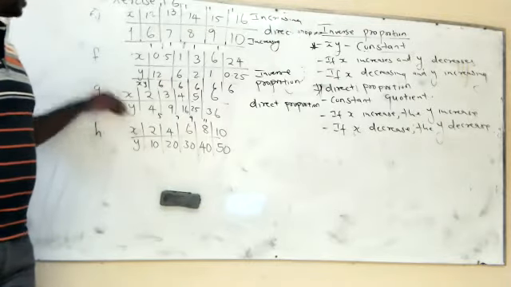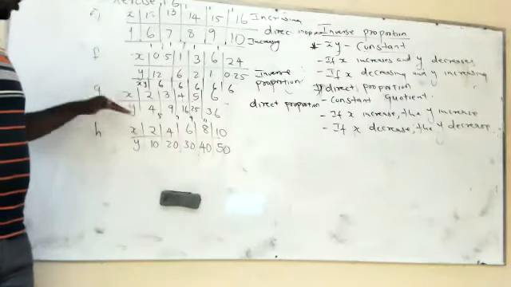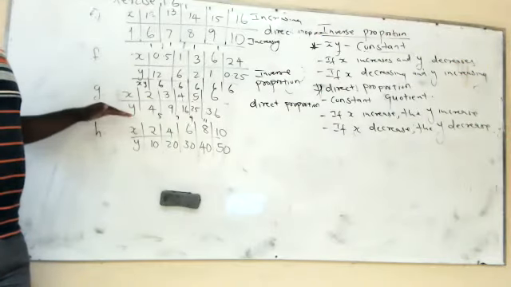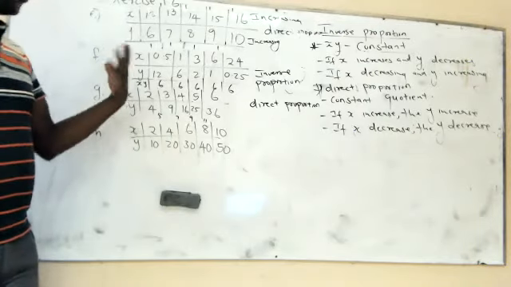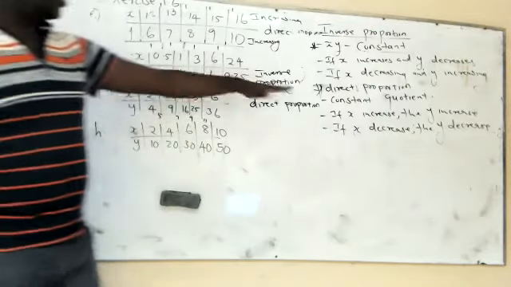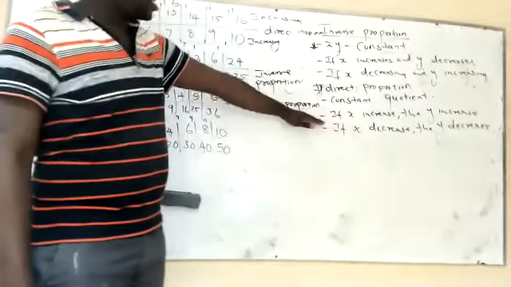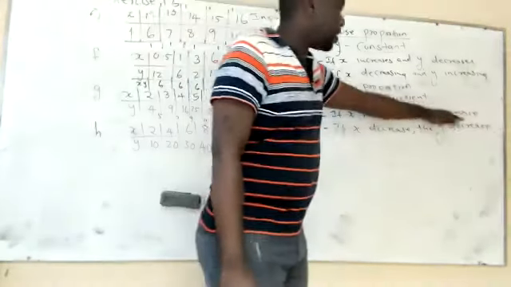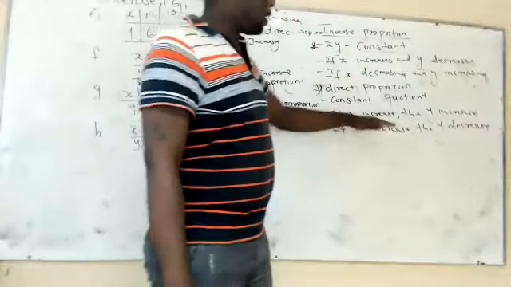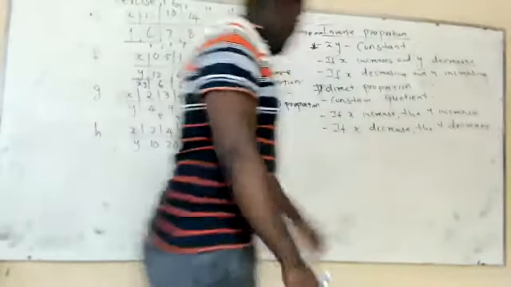But as I've told you before, we cannot make a conclusion by checking the difference only. We need to go further than that. We need to check for the second condition, which says if x increases, then y must increase. If x decreases, then y must decrease.